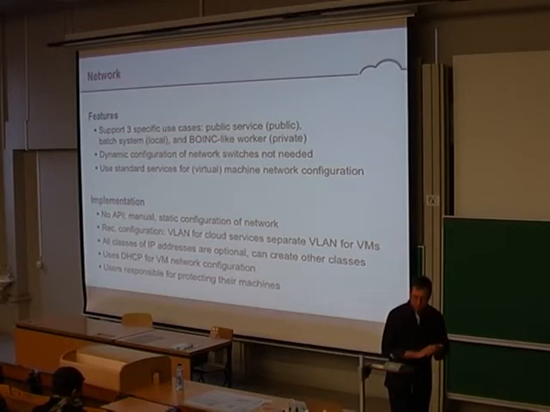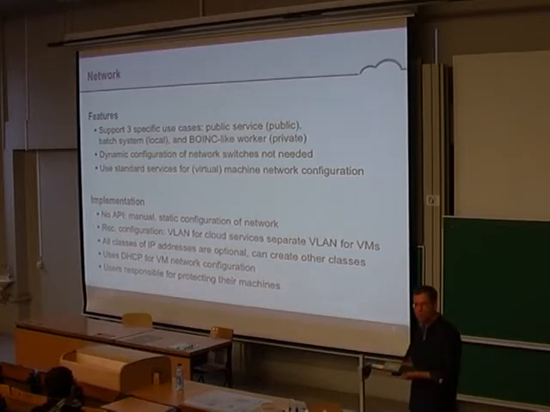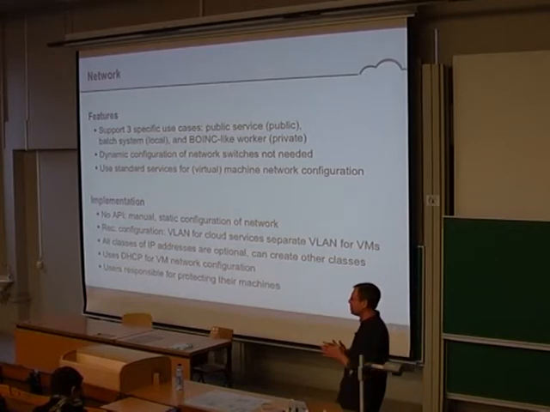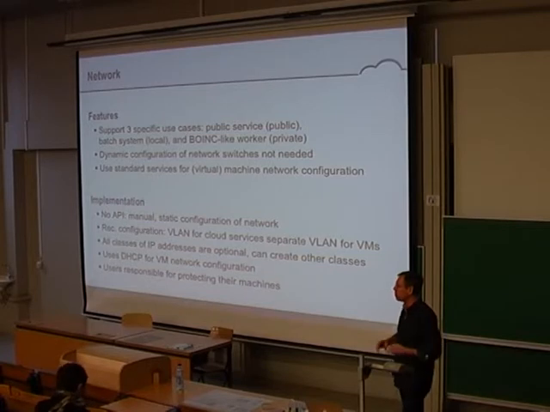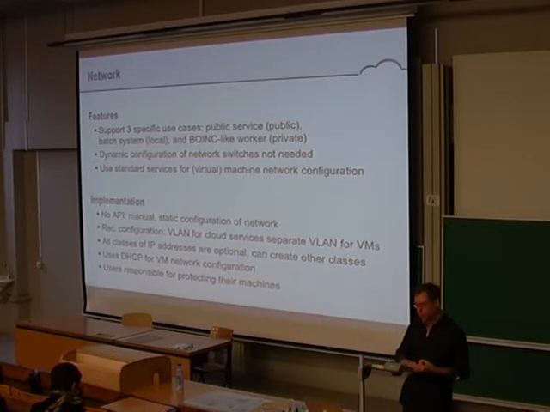On the network side, this is something where we've done something extremely simple. Basically means we didn't do much at all, almost by intention. We had three use cases in mind that we really needed support coming from a scientific aspect. One is that we needed users to be able to deploy services themselves, so we needed public IPs for nodes.